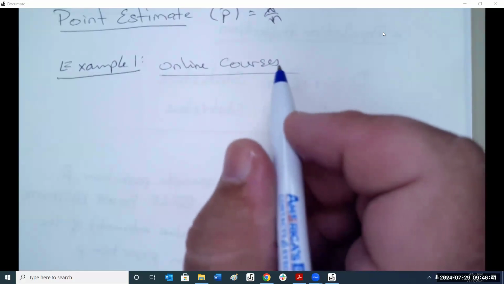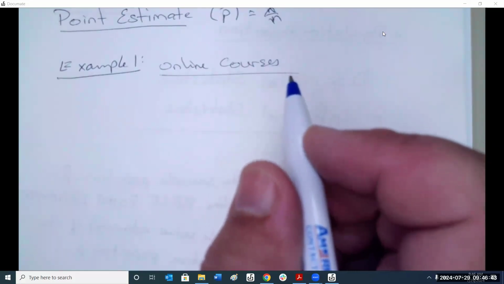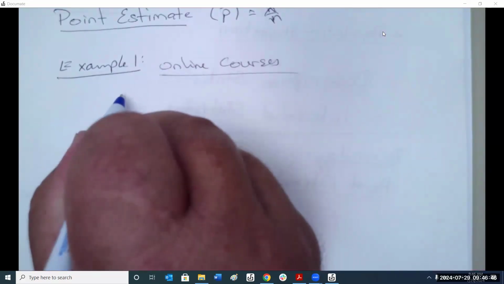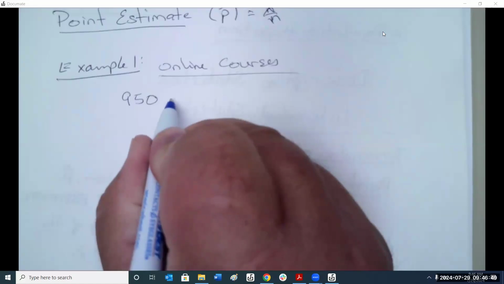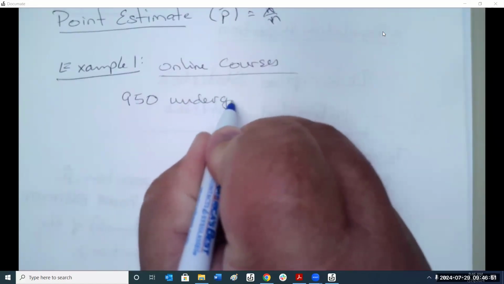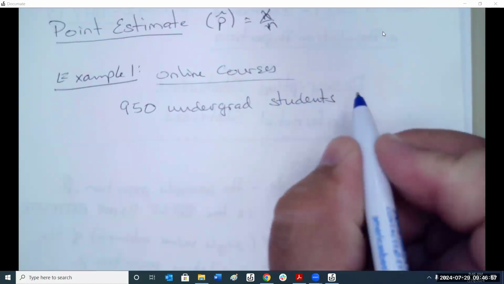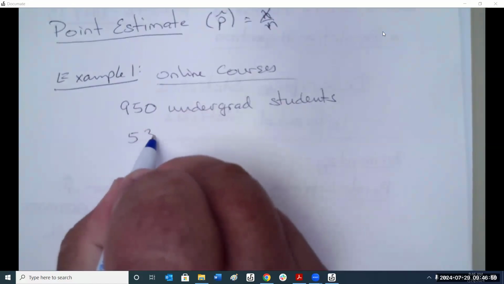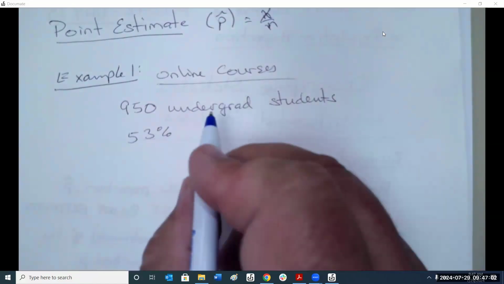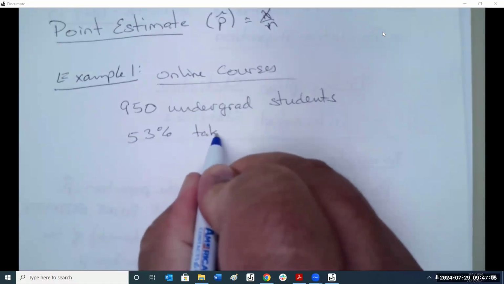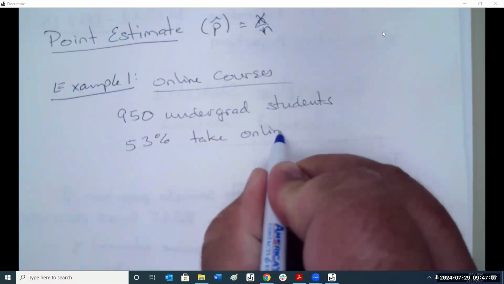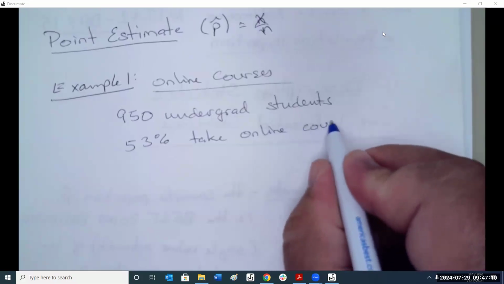It says, the chapter problem included reference to a Sallie Mae survey of 950 undergrad students, and 53% take online courses. This is the first thing we have to define. What is an online course?